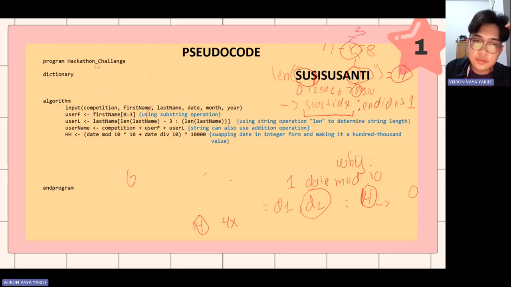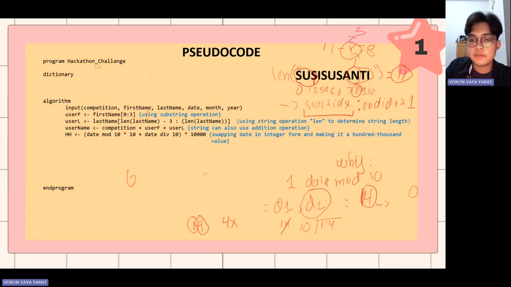Okay, that's for the last thing. But first, we need to make it become 40 something. How do we make this? After we take it, we multiply it by 10 to make it 40, right? After that, we need to add the first digit. How do we take the first digit? If you have a date of birth, it's always two digits, right? So if you have 14, how do you get 1? You div by 10.